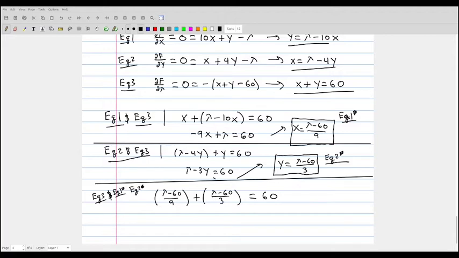So if we go through and do this, I think the easiest thing to do is probably multiply both sides by 9.